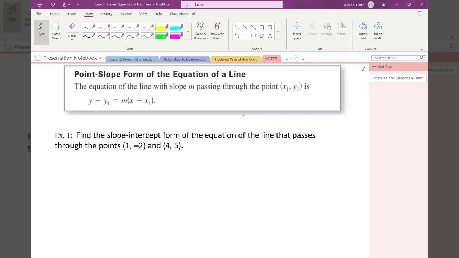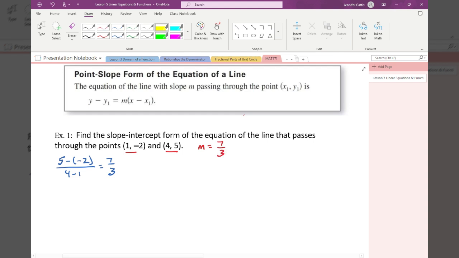So first of all, we have 2 points. And the first thing that we really need to figure out is our slope. Okay? So using whatever method you want, I'm going to use the formula. So 5 minus -2 over 4 minus 1 gives us 7 over 3. Okay? So our slope is 7 over 3.